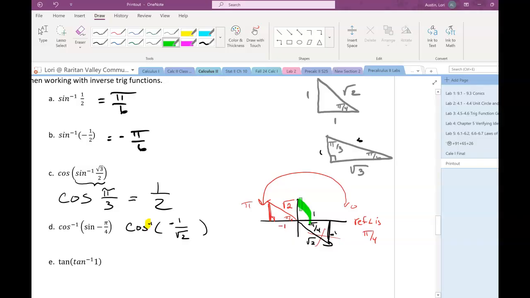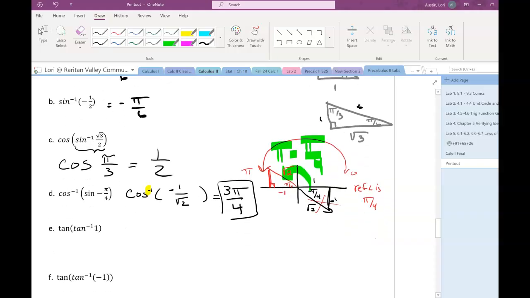I want the whole angle. So I've got to do pi minus pi over 4. And pi minus pi over 4, of course, is 3 pi over 4, which is the final answer.